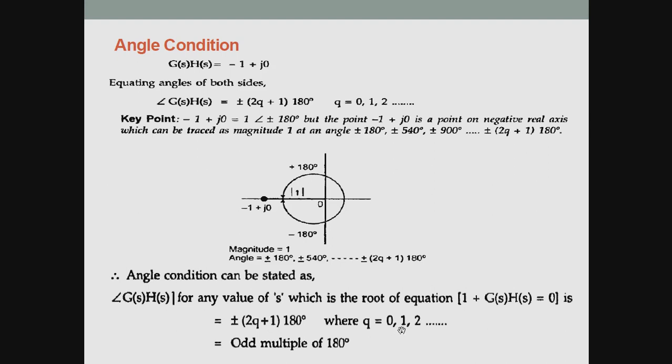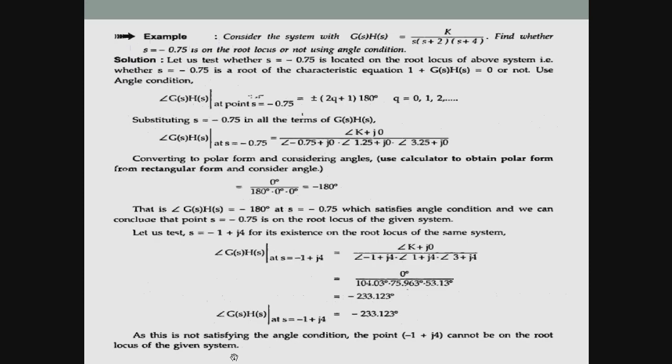If you substitute q equal to 0, it will be 1 into 180 degrees. If you put the next one, q equal to 1, it will be 3 into 180 degrees, which is 540. So we can generally write that it should be an odd multiple of 180 degrees. This is the angle condition.